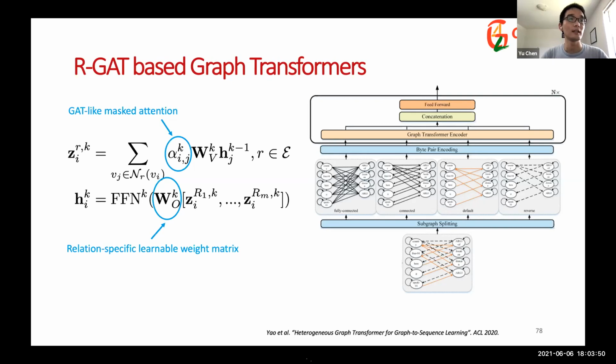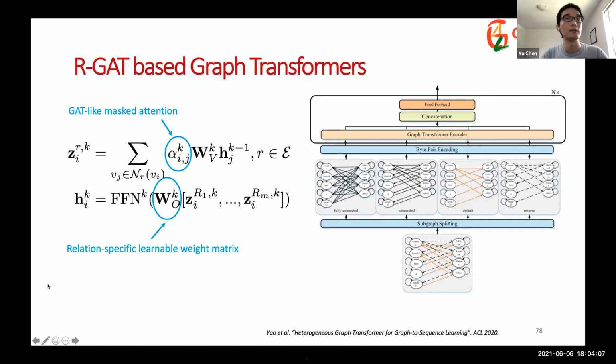There are two key ideas here. The first idea is to apply a GAT-like masked attention function in the node aggregation step.